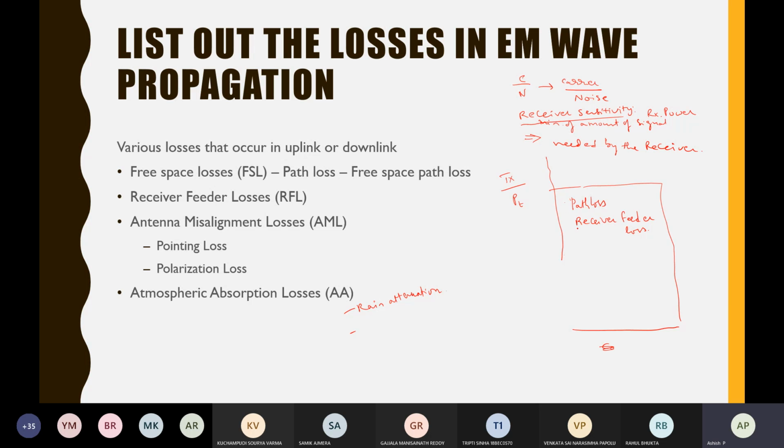Overall, what you have to do is list out all the possible losses that can occur during the propagation. You might have sent it in vertical polarization, and due to obstacles and scattering, it may have slightly changed its polarization. If the receiving antenna is also tuned to the same vertical polarization, during the propagation there is some polarization mismatch, so the wave might have undergone some depolarization by some amount of theta degrees.